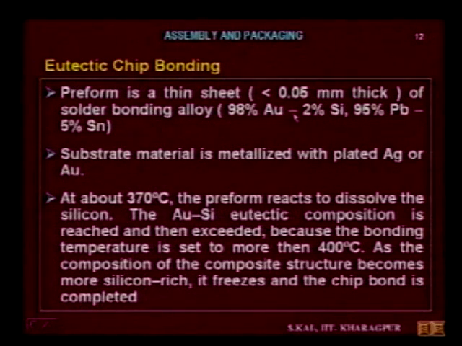This alloy at 350 centigrade reacts and dissolves certain silicon from the backside of the chip. The gold silicon eutectic composition is reached and then exceeded because the bonding temperature is set more than 400 degrees centigrade. As the composition of the composite structure becomes more silicon rich, it freezes and the chip bond is completed.